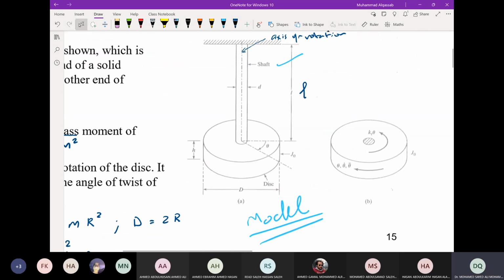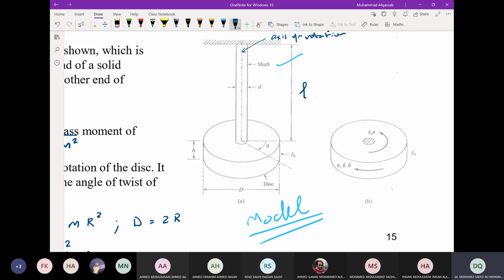You draw the free body diagram for the disk, and in free vibration there is no force or torque applied on the disk, but the only torque resisting the motion is provided by the shaft.